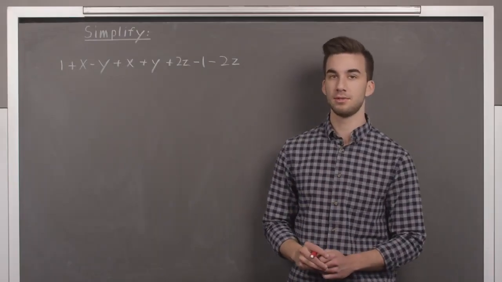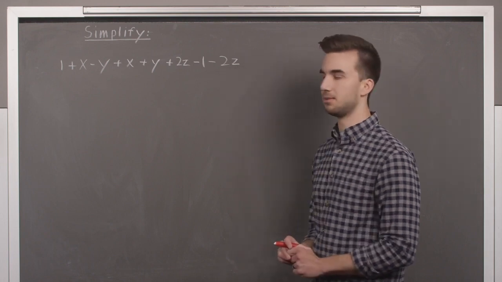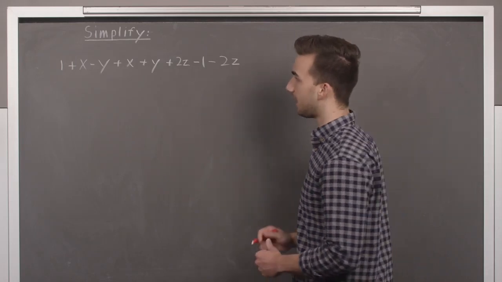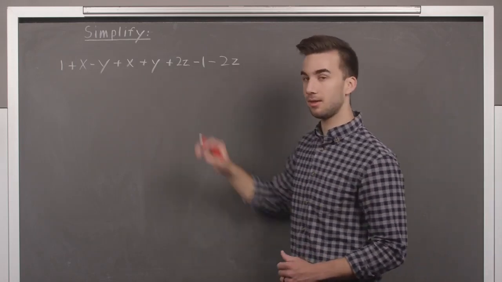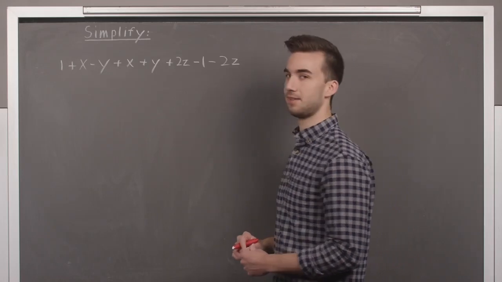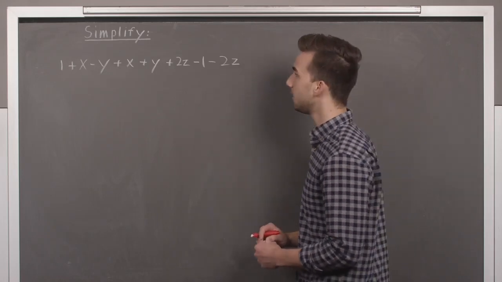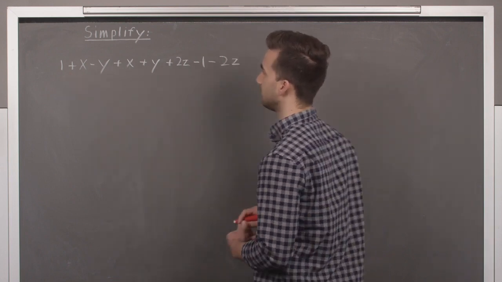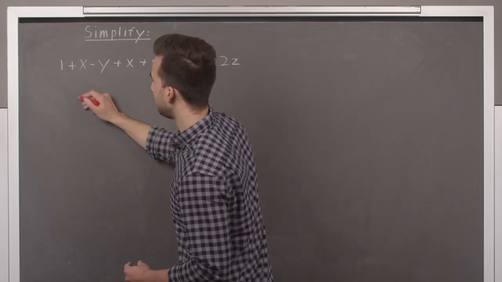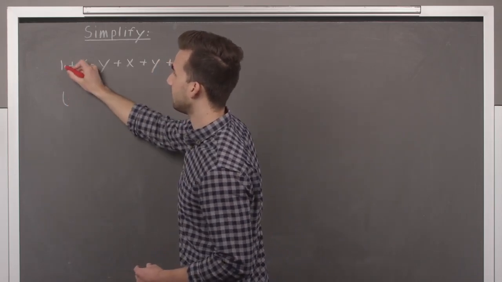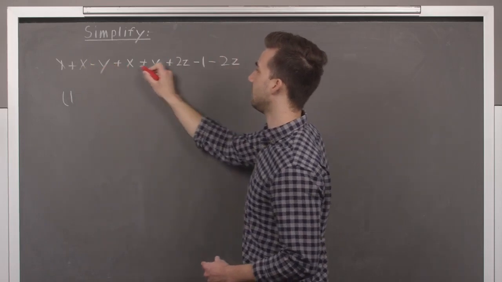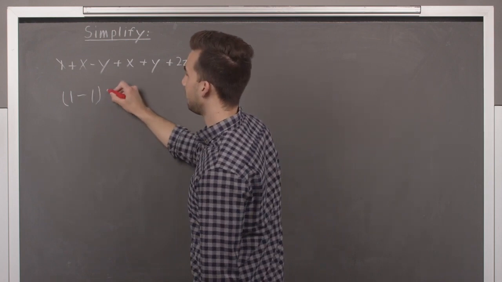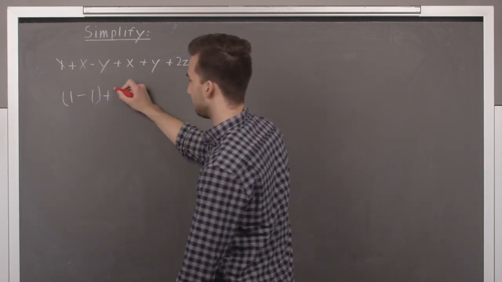So in this example, we have 3 different types of variables and real numbers. So we're going to do this just like we did our last examples. We can just group all of the like terms and then finish the addition and subtraction problems. So let's start with our real numbers. We have a 1 over here, cross that out, and then we have a -1 over here, cross that out, and then let's do our x's, let's just go from left to right.